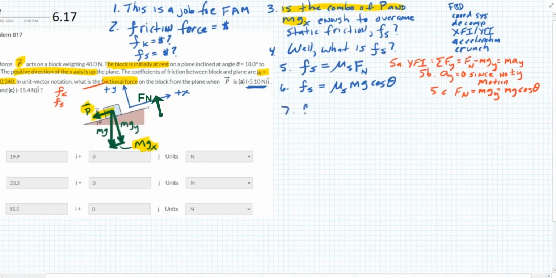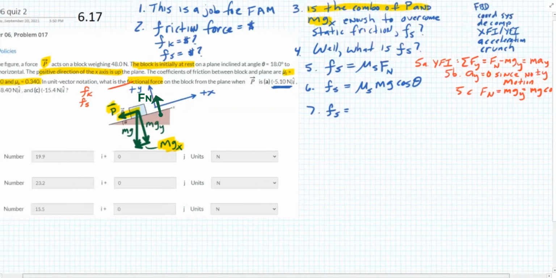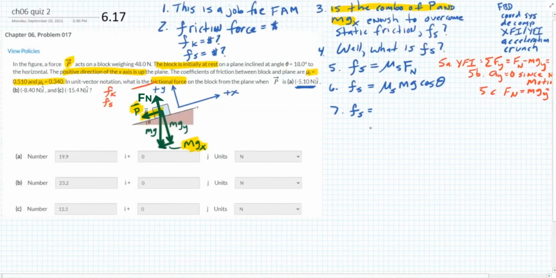Ready, set, go. F sub s equals mu subscript s, which for me is given 0.510. Mu sub s is 0.510. There's no units there. Times mg. I don't know m, but I do know mg. Mg is the weight, and weight is given as 48 newtons.